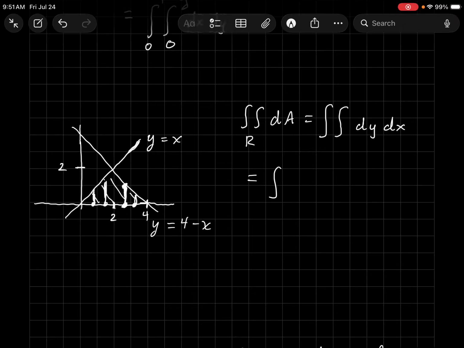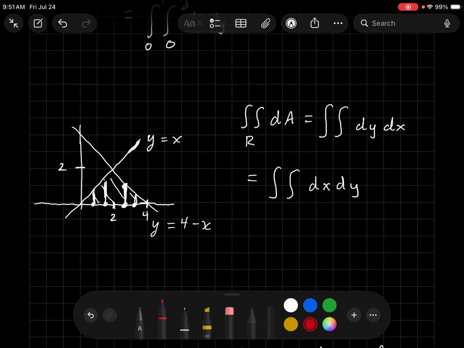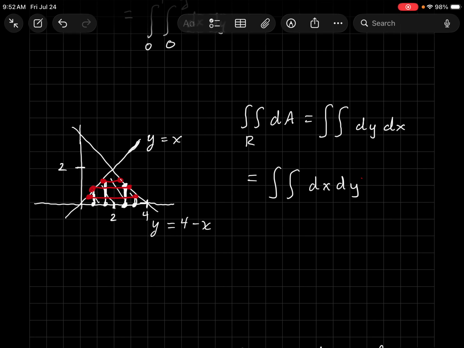But what if instead we simply switch the order of integration? So I'm going to fix a y value and do my x's first. So x to x, x to x, x to x, etc. What if I do that?